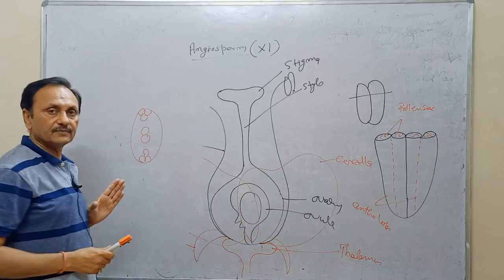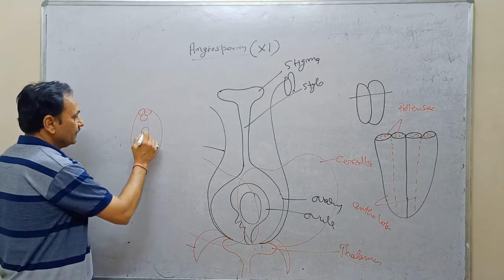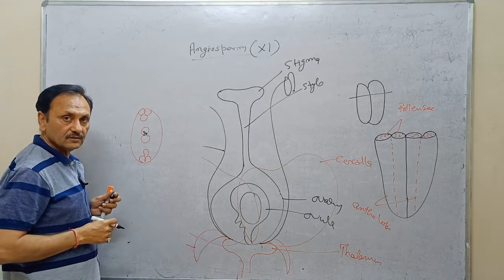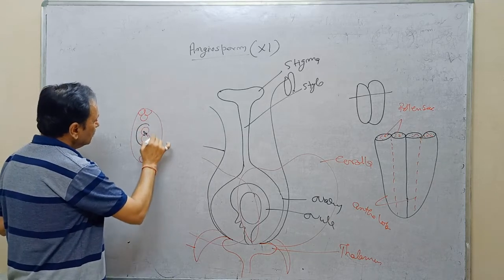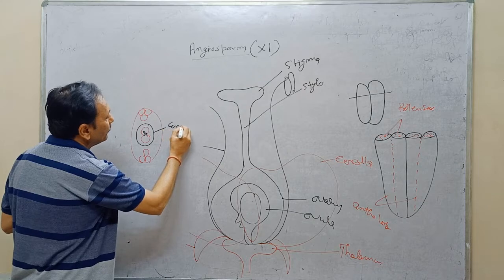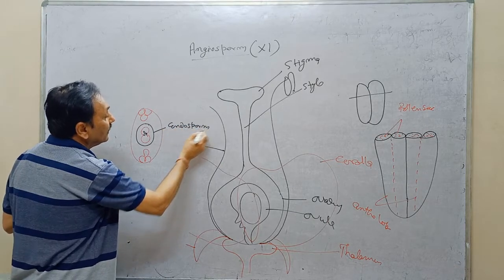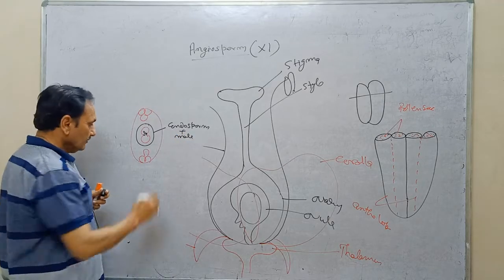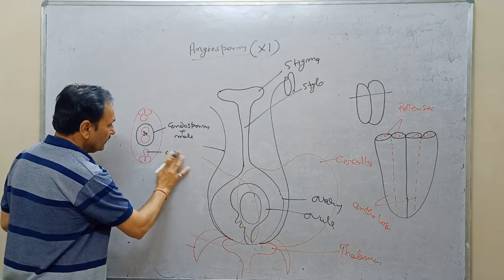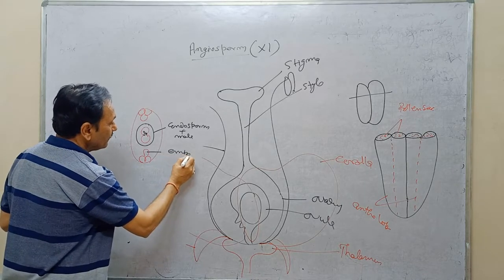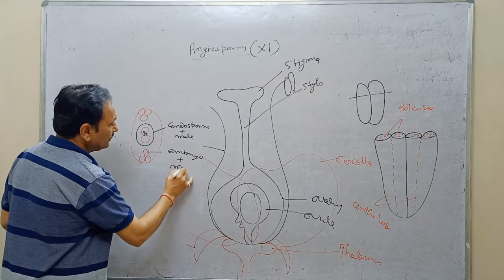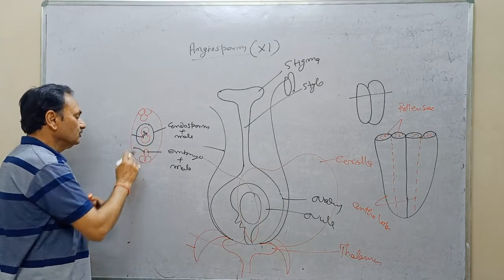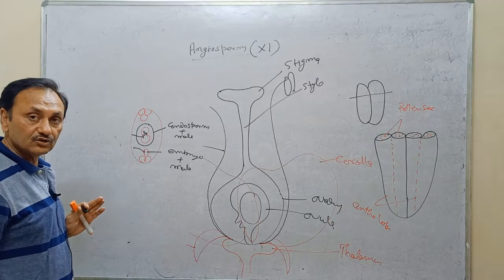One of them is 2N after maturation, and it is responsible for forming the embryo and the endosperm whenever male gametes come in contact. It means 2 male gametes enter inside it, one fuses with this and one fuses with this, and that will form the embryo and the endosperm.